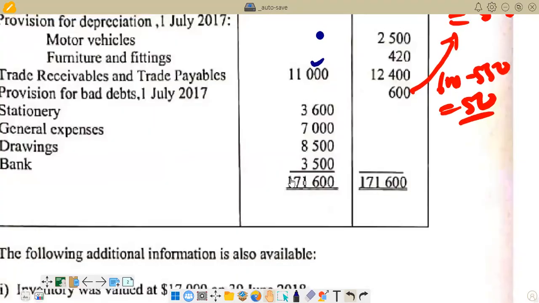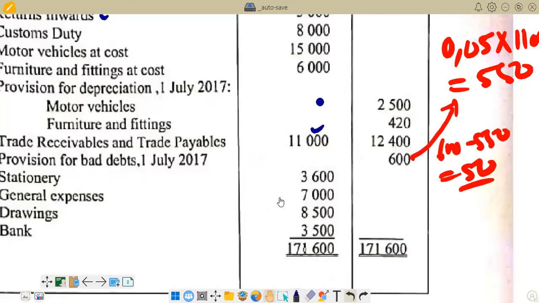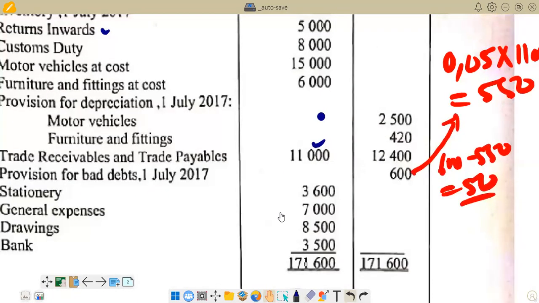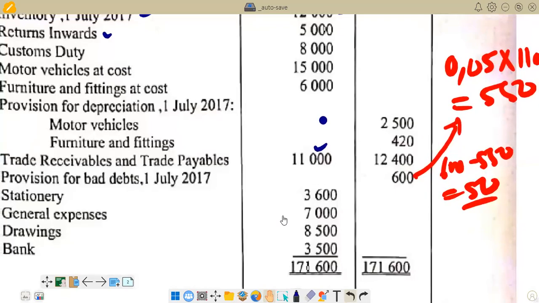So here you see that the information that we are given there, for motor vehicles, the cost here is 15,000, and then the accumulated depreciation figure that we are given for motor vehicles is 2,500. So it's 15,000 minus 2,500. The figure that we get times 6%.